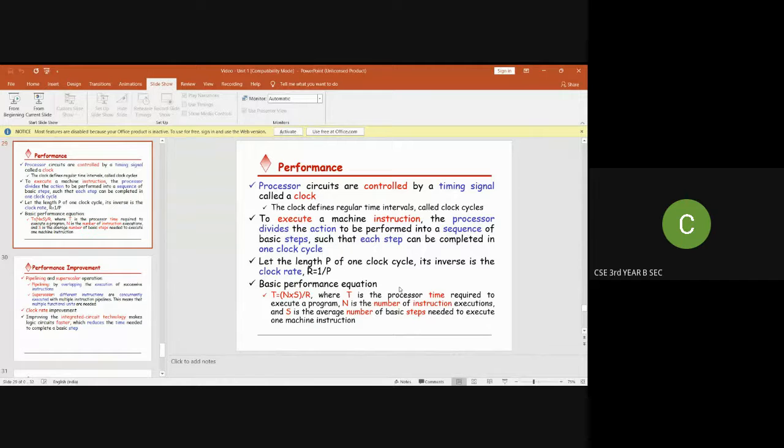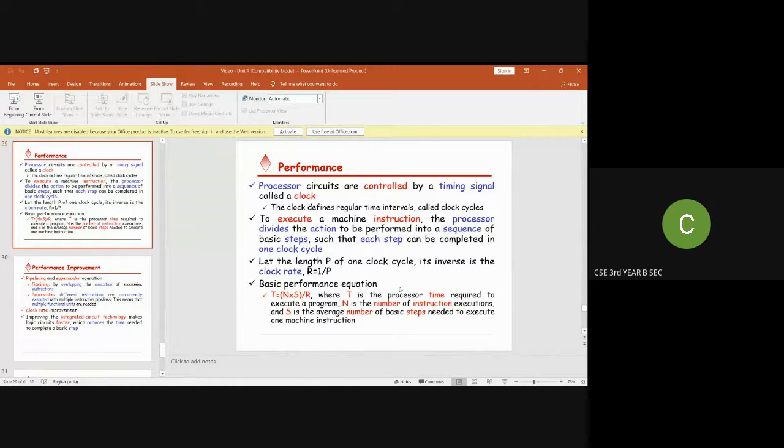The length of one clock cycle is the inverse of the clock rate. Here the clock rate is R, and R is the inverse of P, where P is the length of one clock cycle.